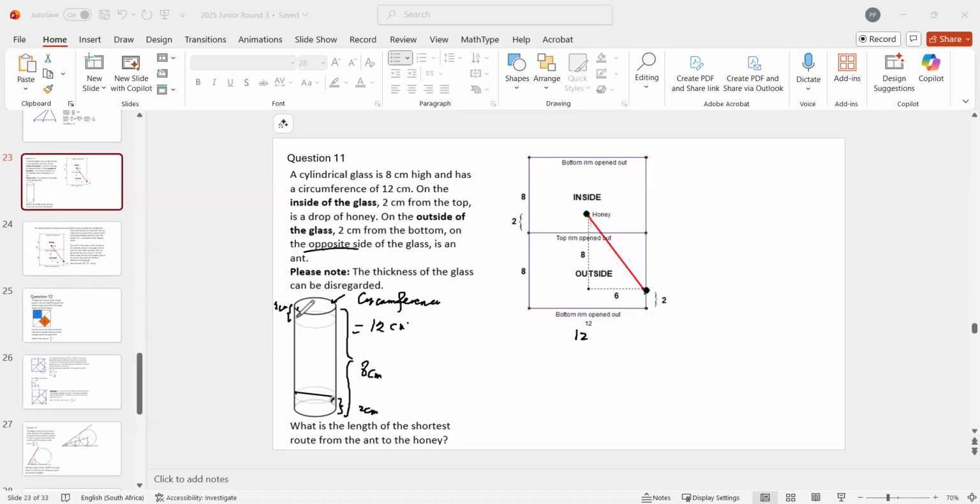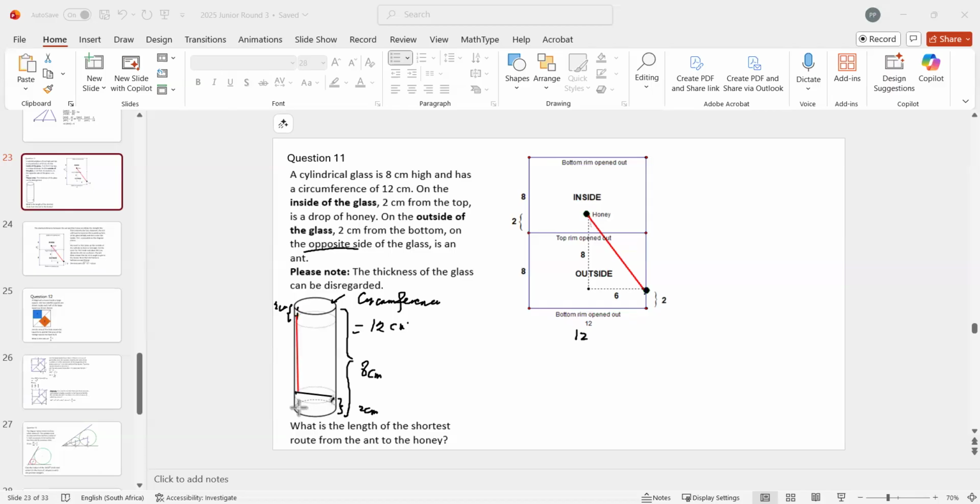this honey to the bottom. Let me just put another color to this so you can see what's going on. So from the honey, I go down to the bottom like that, and then I'm drawing the diameter.